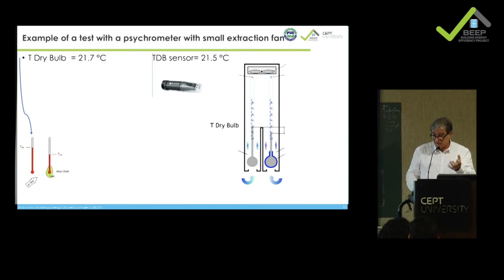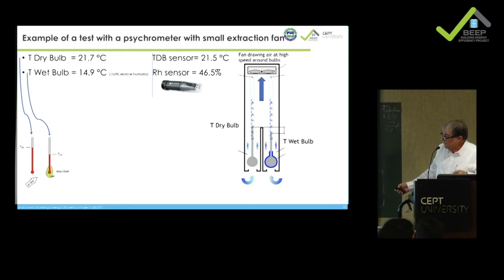We just took some cotton wool and made it moist, and then had the fan sucking the air, and by putting the wet bulb where the air was going through, we get this temperature. So by drawing air through both, we get these two temperatures with two exactly similar thermometers, but this one is dry, this one has a wet bulb.